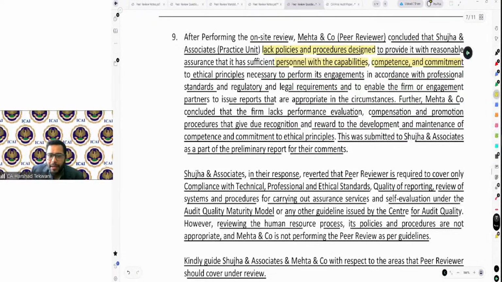So Sujai and Associates is saying that the peer reviewer should cover compliance with technical, professional, and ethical standards, quality of reporting, review of systems and procedures for carrying out assurance services, and self-evaluation under the audit quality maturity model, which does not include human resources. Now you tell me who is correct, Sujai and Associates or Mehta and Company? Come on, guys.